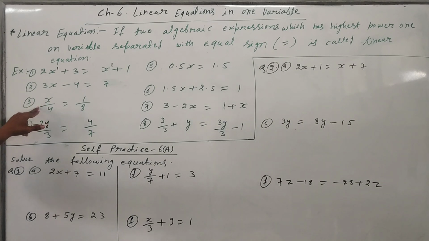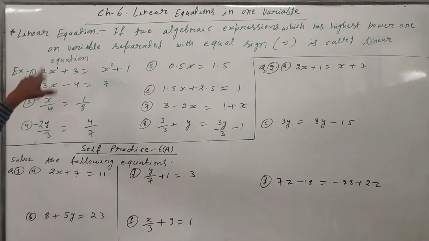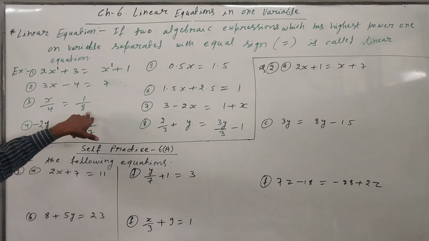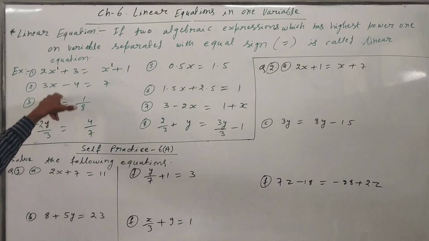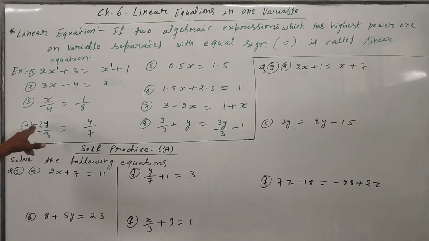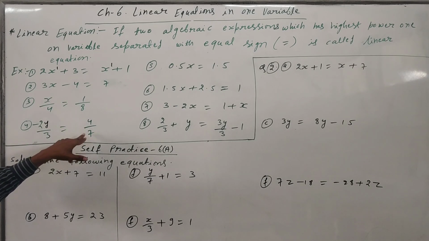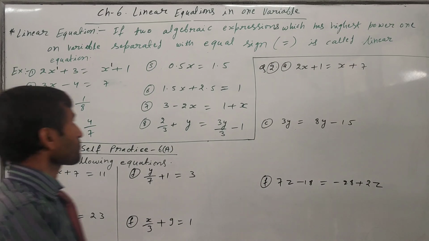And here, in example 3, x upon 4, given as a rational number or fraction, is equal to 1 upon 8. This type of equation is also a linear equation because the highest power is 1 and the variable is 1. After that, minus 2y upon 3 is equal to 4 upon 7 is also a linear equation in one variable.